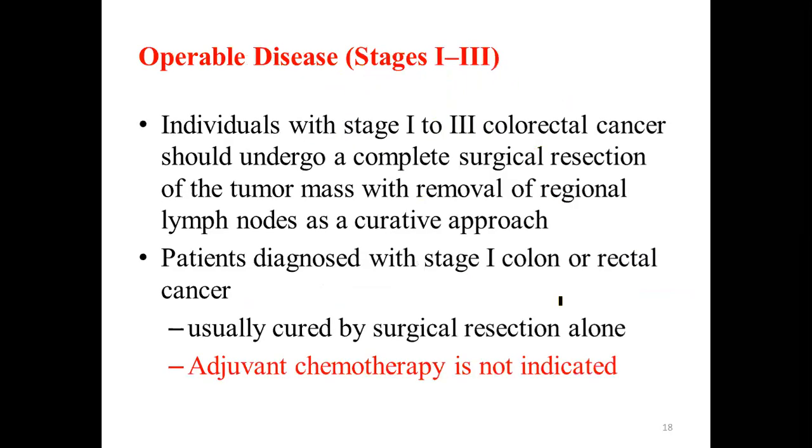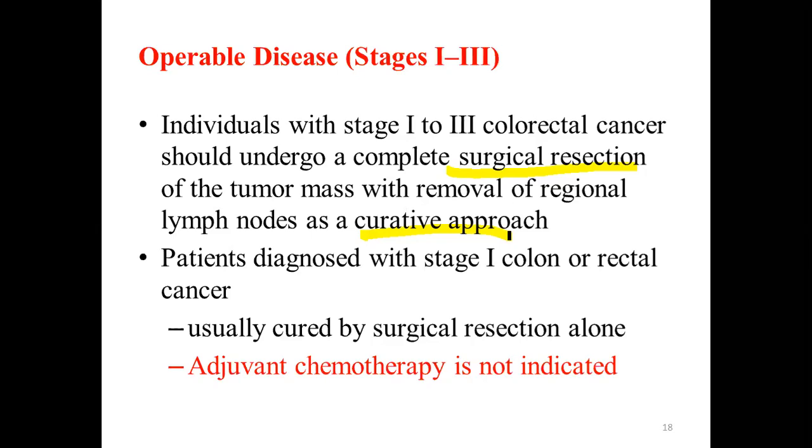Then for operable disease, stage 1 to 3, surgery is really part of the treatment modality. Most of the time, if a patient has stage 1 to 3 disease, surgical resection will come first, with the goal of a curative approach.